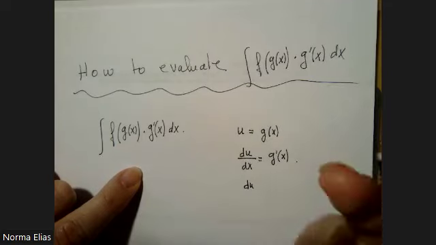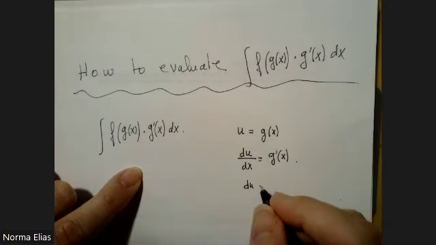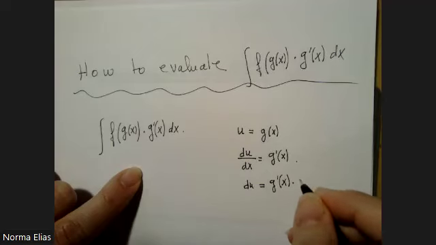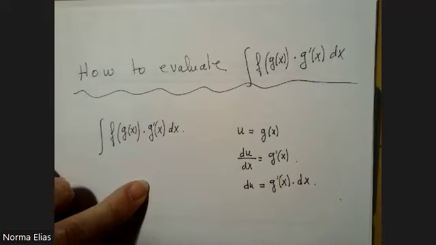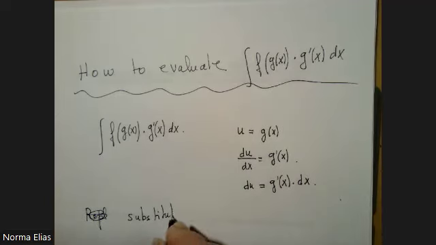So you can think of du as delta u. It's a little bit of change of u. Think of it as a quantity. And this would be g prime x times dx. So we do this kind of substitution. And then the main thing is that we substitute everything in terms of u. When I mean everything, I mean everything.